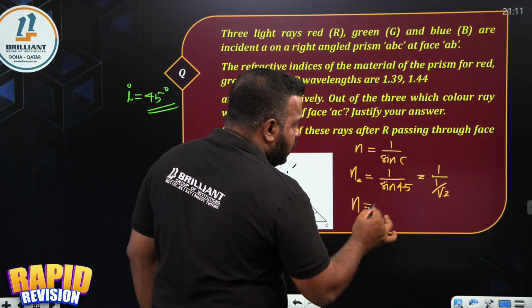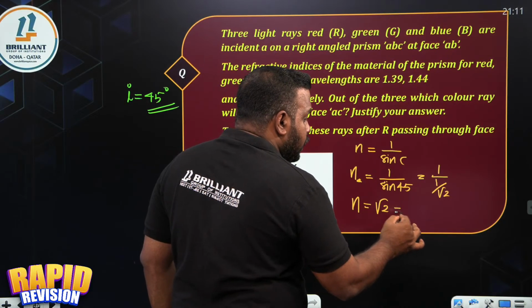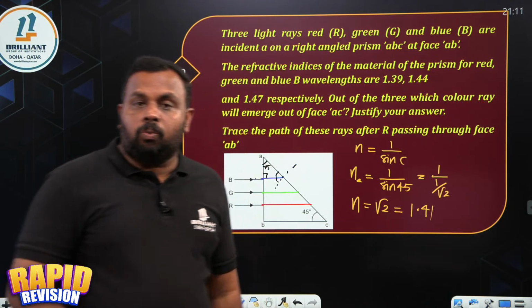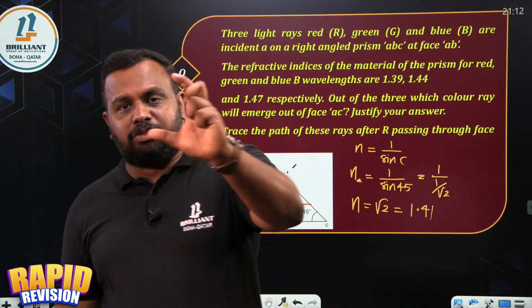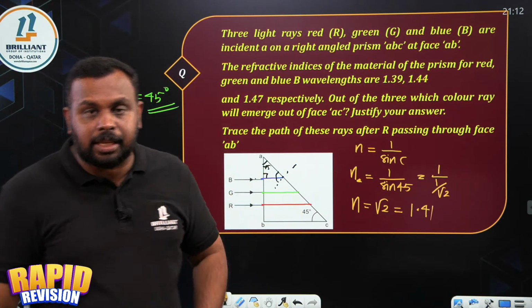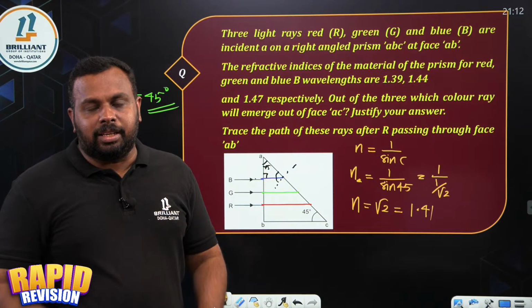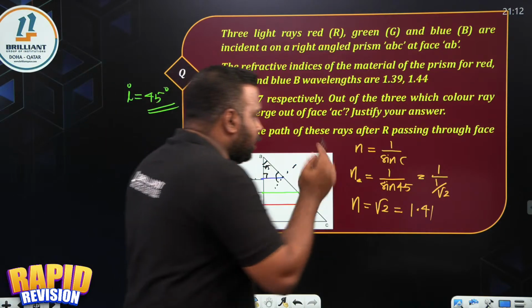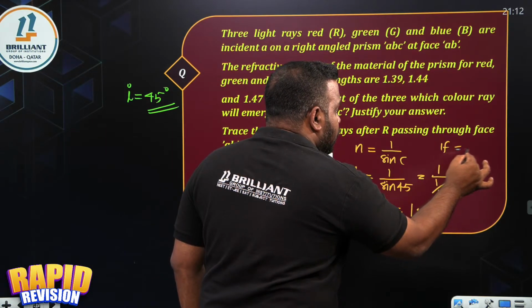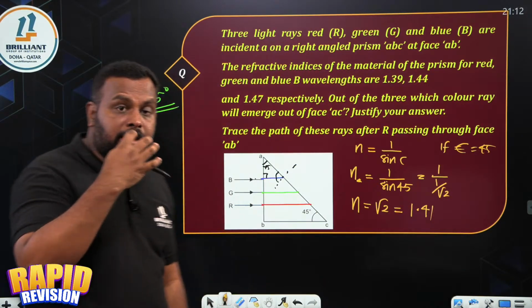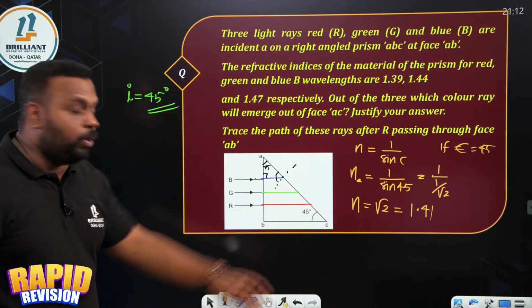So we get n is equal to root 2. Root 2 is equal to 1.41. Yes or no? 1.41 is the refractive index if the critical angle is 45 degree. Understood or not? So if C is equal to 45, the corresponding refractive index is 1.41.